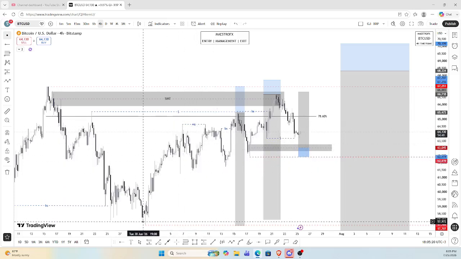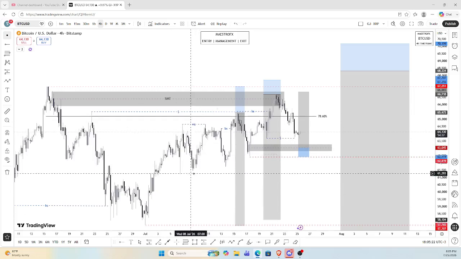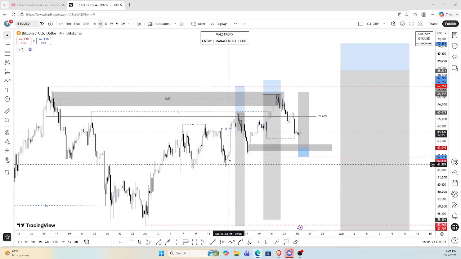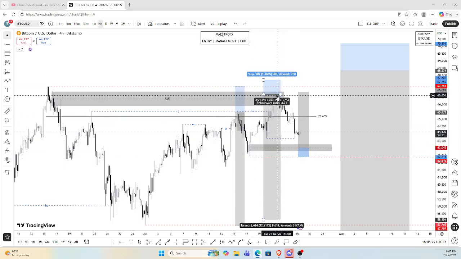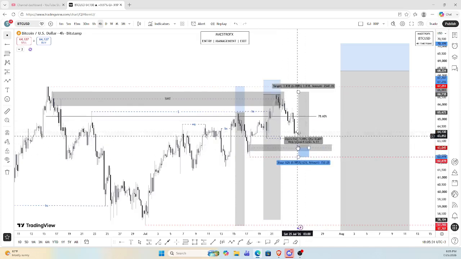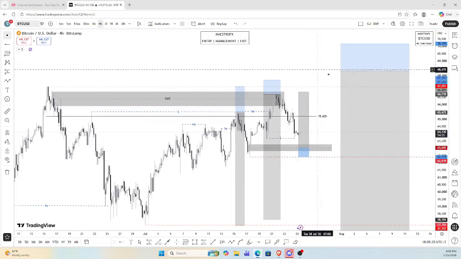Clearly you can see that we started from here: break of structure, correction, break of structure, correction, break of structure, correction, break of structure. This could be just another correction before we get that continuation.